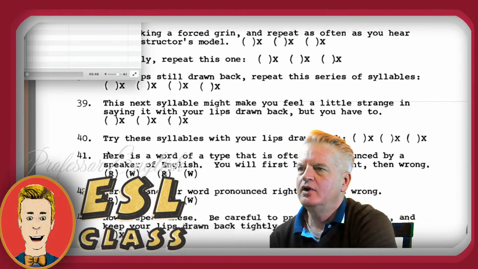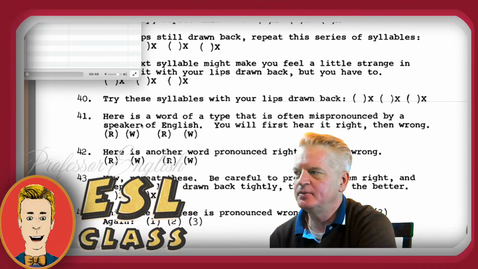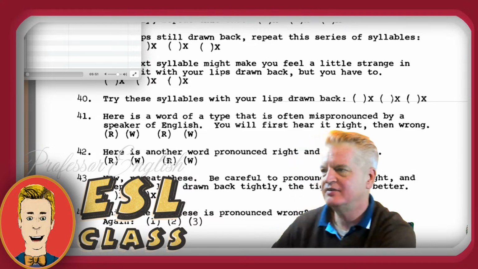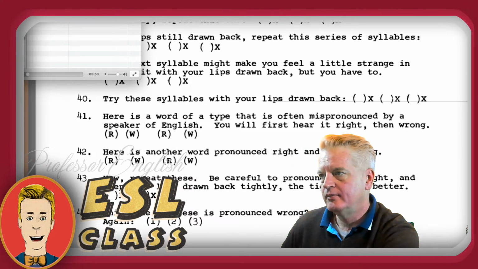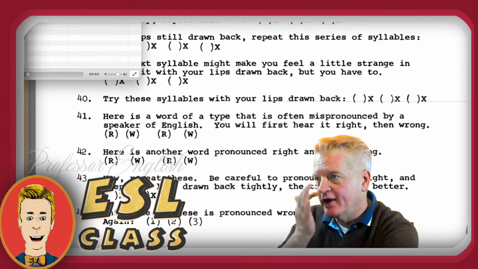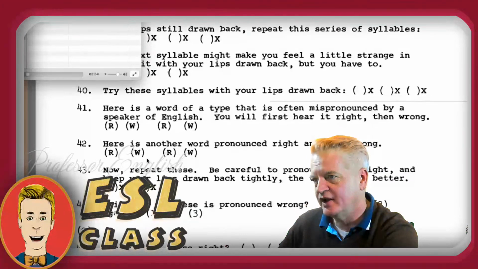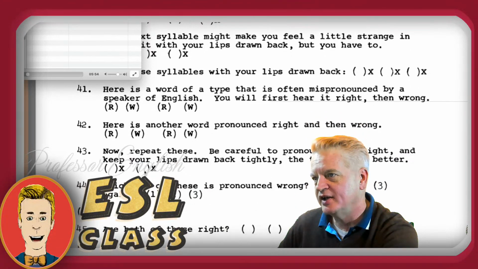40. Try these syllables with your lips drawn back. Was, was. Das, das. Pass, pass. 41. Here is a word of the type that is often mispronounced by a speaker of English. You will first hear it right and then wrong.